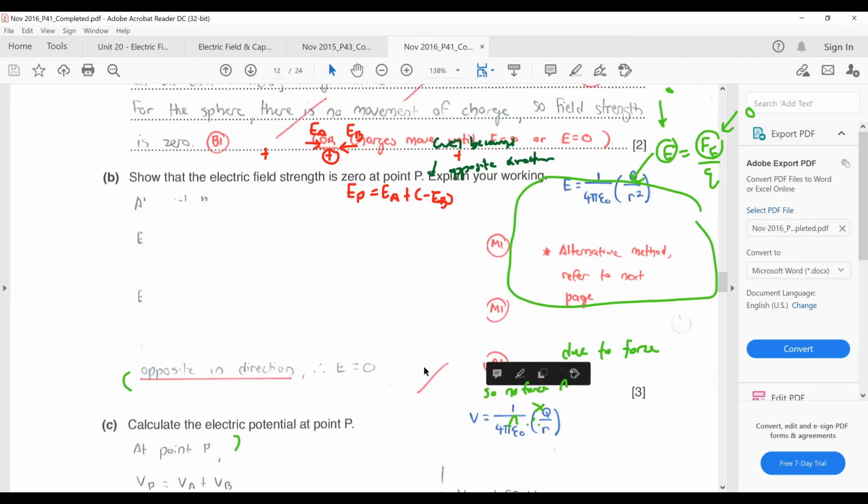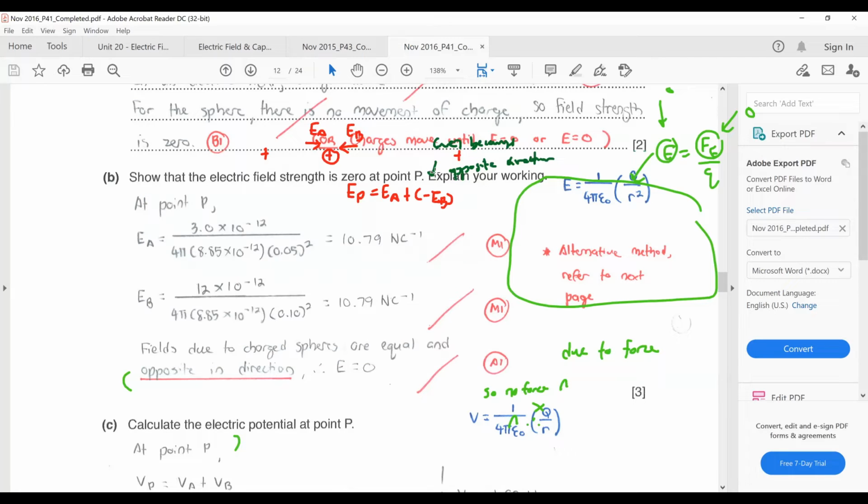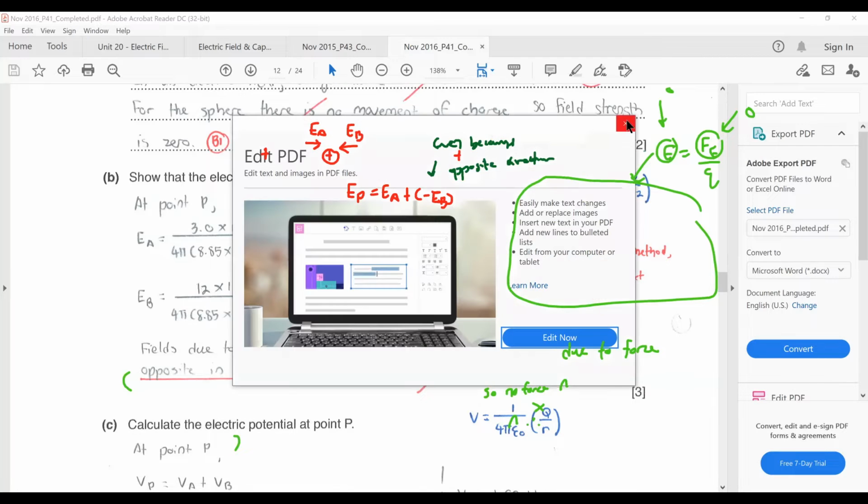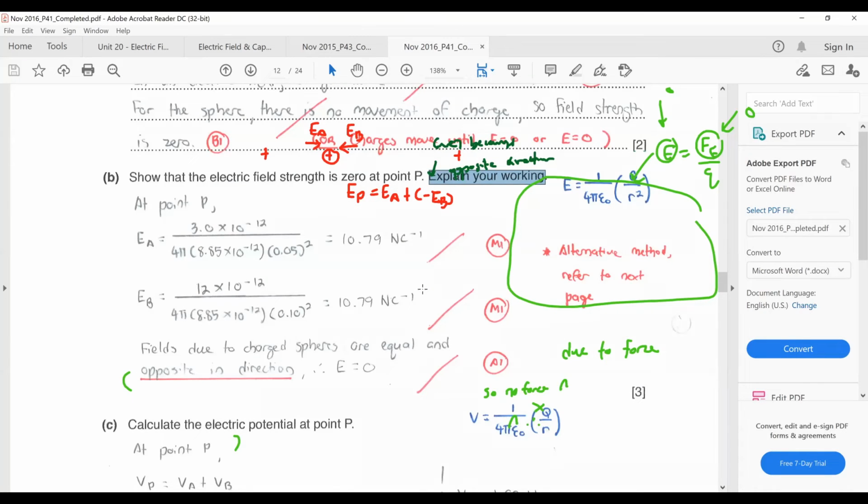This one is just one way of doing it. Because you see that the question says, explain your working. Alright, if you wanted to do it like this, EP is equal to EA plus EB, you can do it too, but you just need to write this statement. Wait, let me just get rid of this.